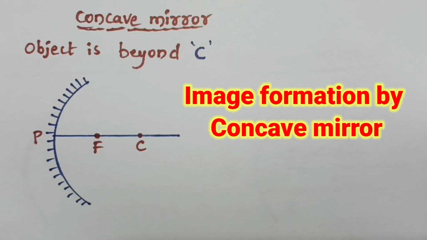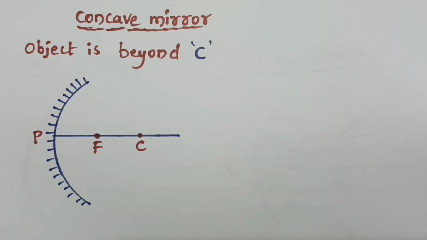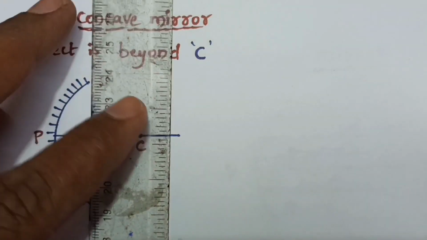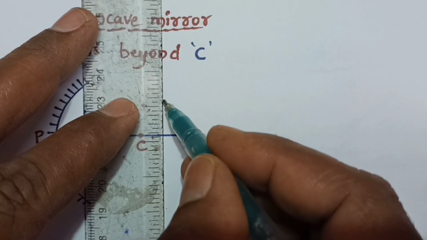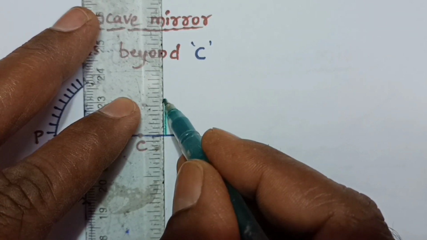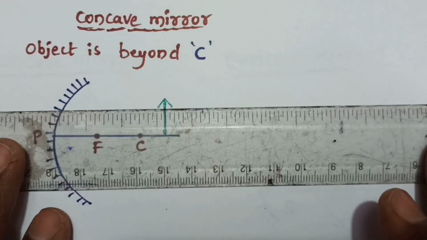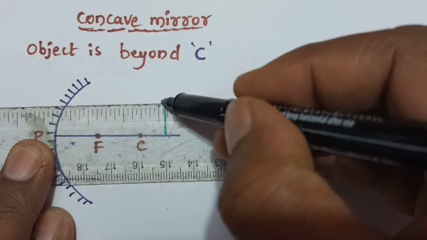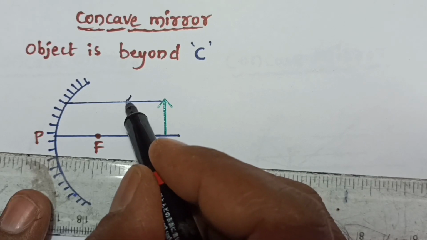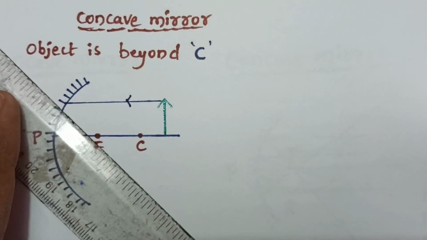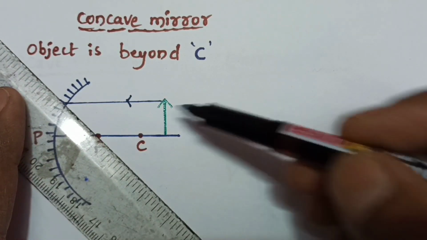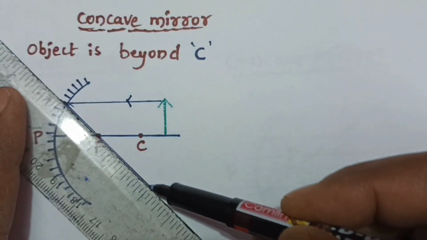The next topic is image formation by concave mirror. Object is placed beyond C. The first incident ray is parallel to the principal axis and it passes through the focus after reflection.